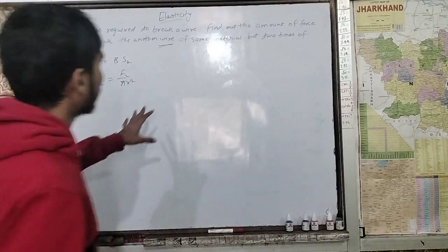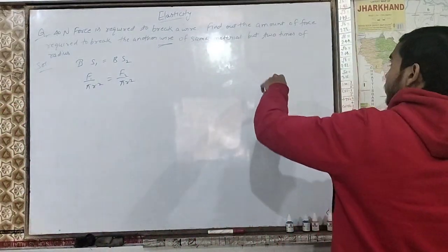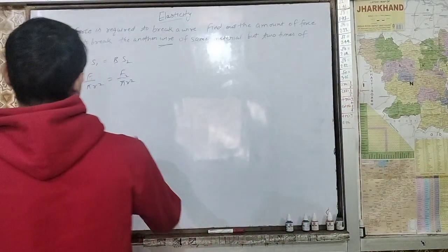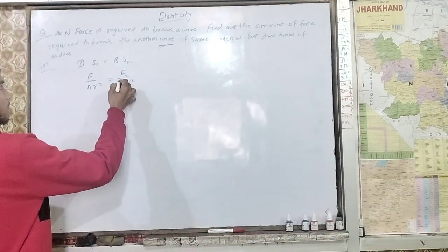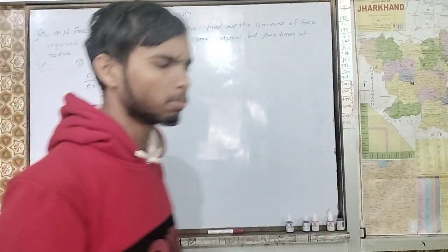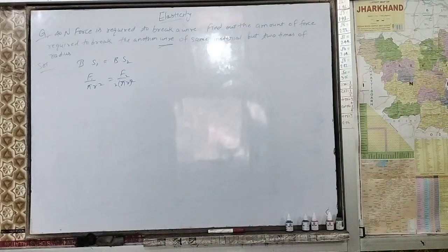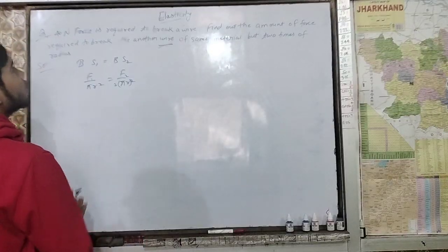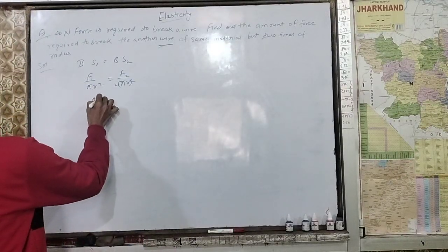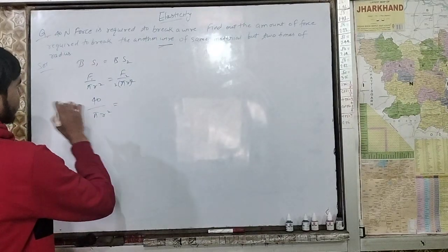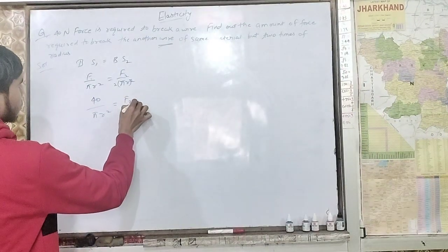The main point is over here. It is saying another wire of the same material where the radius has increased 2 times. So here you will multiply this by 2. F1 is 40 Newton for both. We shift pi r square with F1: 40 multiplied by pi r square is equal to F2.